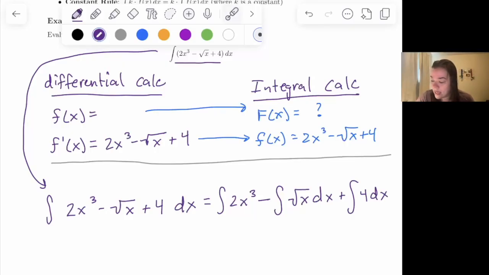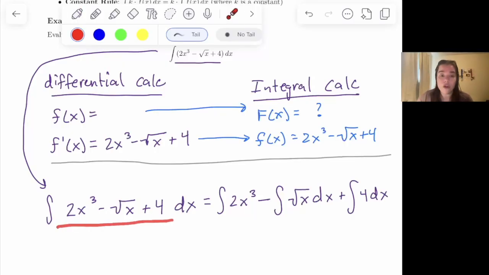So what this is saying here is instead of integrating one long string, because there's pluses and minuses, the sum and difference rule says I can split each integral term and integrate each term separately. Notice that I was mindful to take my signs, the negative sign when appropriate and the positive sign when appropriate.